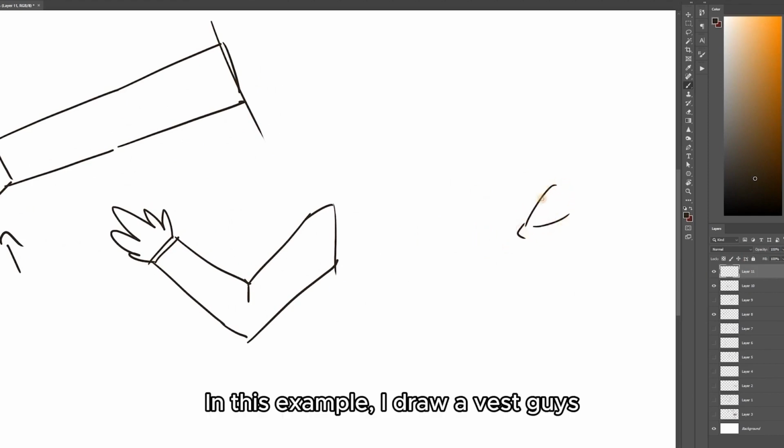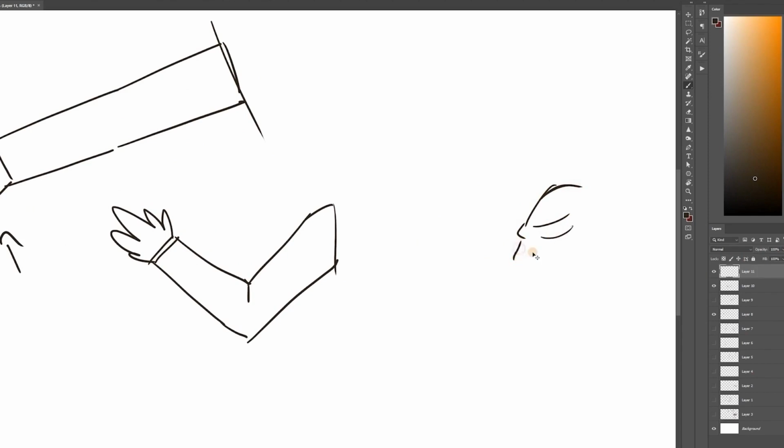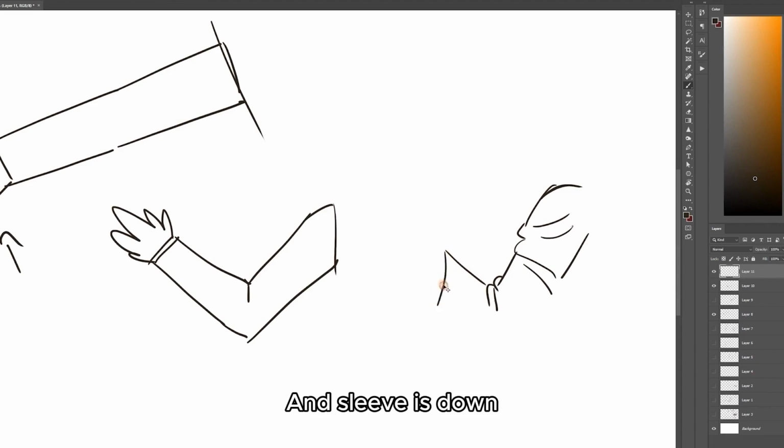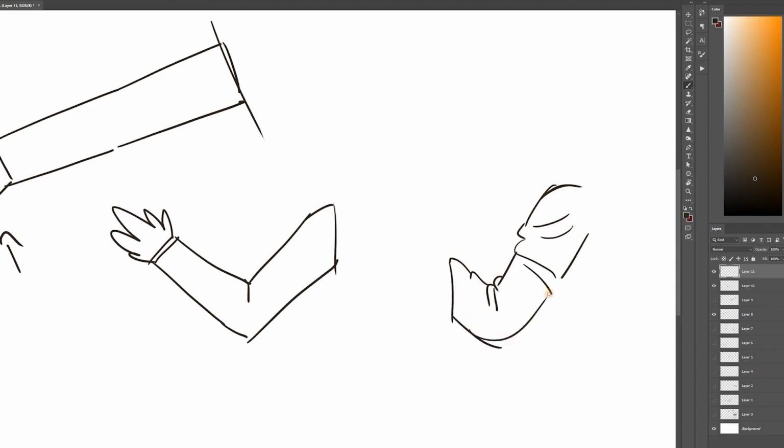In this example, I draw a vest, guys. When curled like that, it will have wrinkles, and the sleeve is down. When you raise your hand, it shows the shirt inside.